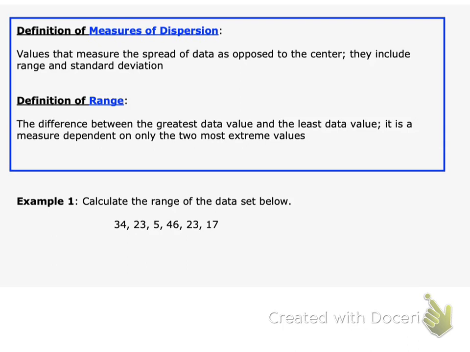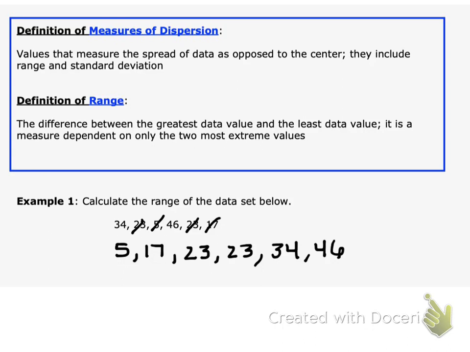So when we calculate the range, we again are going to start by putting in order from smallest to largest. And we could easily go ahead and calculate the mean and the median and the mode if we wanted to.